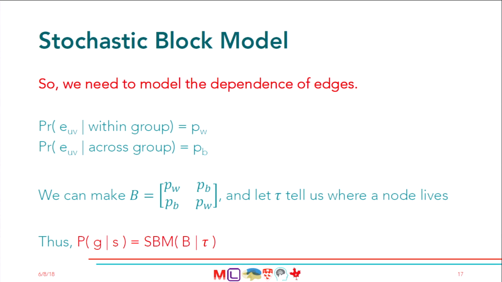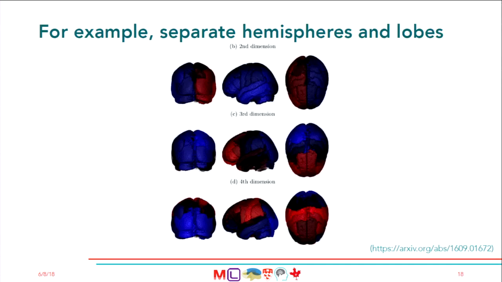And then all we need now is some tau vector, which tells us where the regions live. So this can be represented as a stochastic block model with this block matrix, as we call it, and tau. These blocks don't necessarily need to just be hemispheres, as I showed in the previous slide. This is just doing an eigendecomposition of some connectomes and displaying the eigenvectors corresponding to descending eigenvalues. We can see that their values are often clustered by lobes.